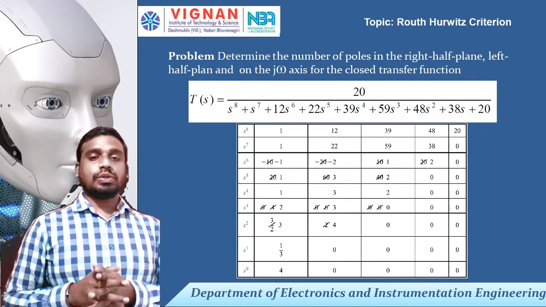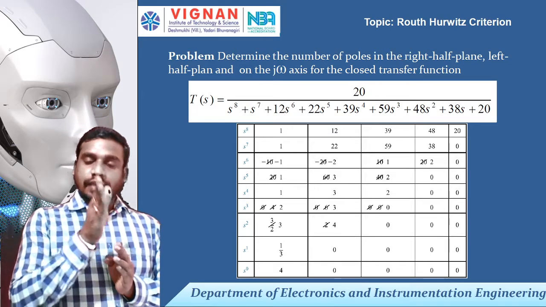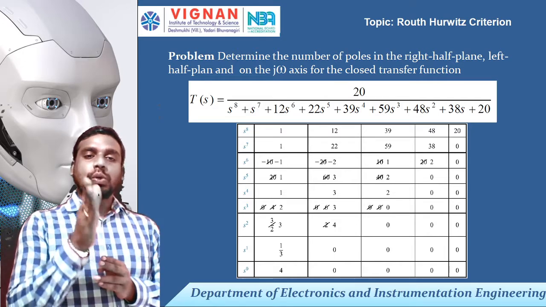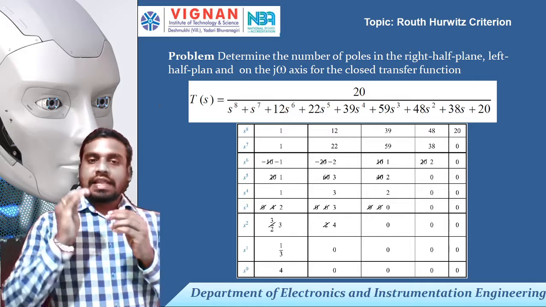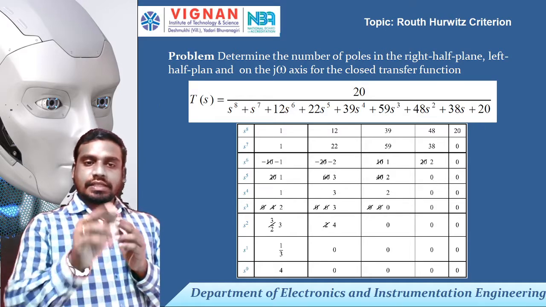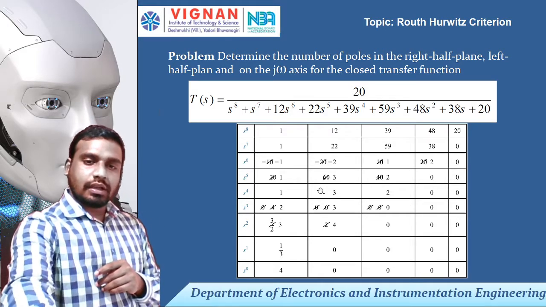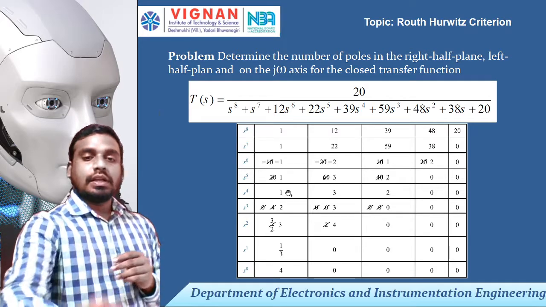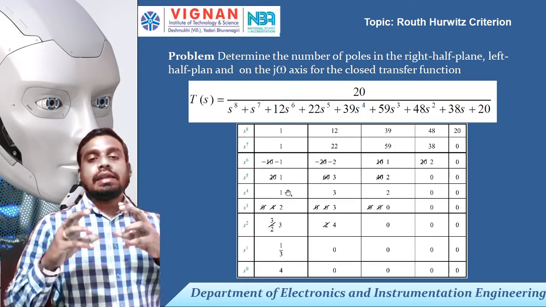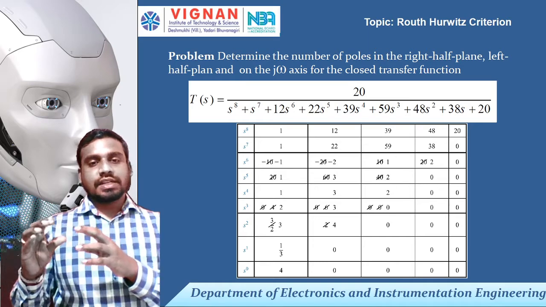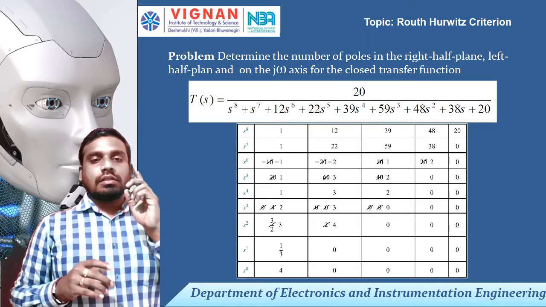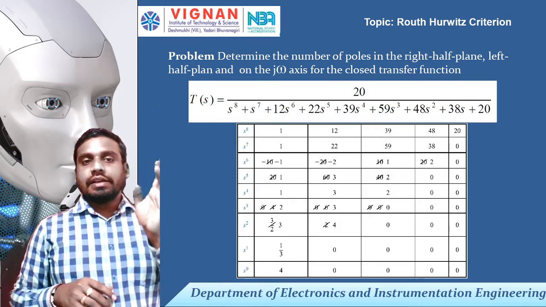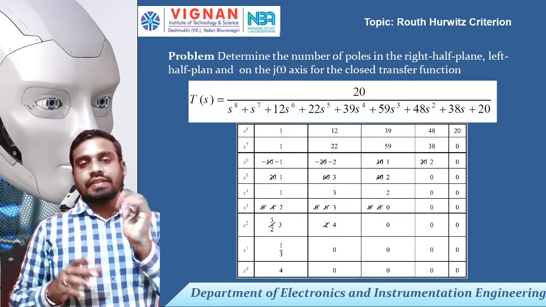Based on that solution, the roots tell you how many poles are lying on the imaginary axis. Remember, once you find the auxiliary equation, that is the row of s power 4 here, take that auxiliary polynomial and divide the actual characteristic equation by it.